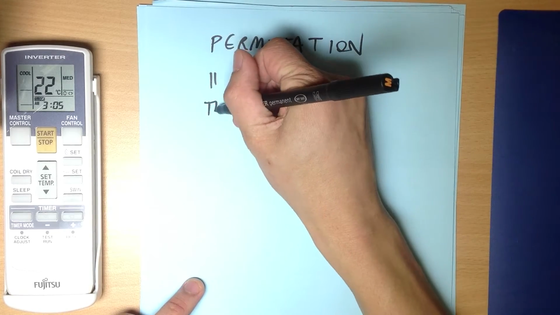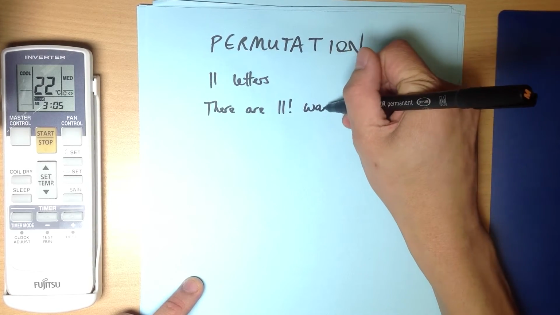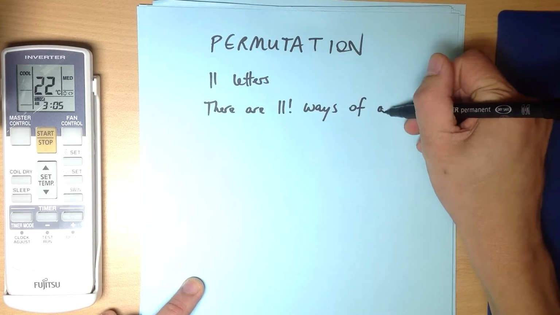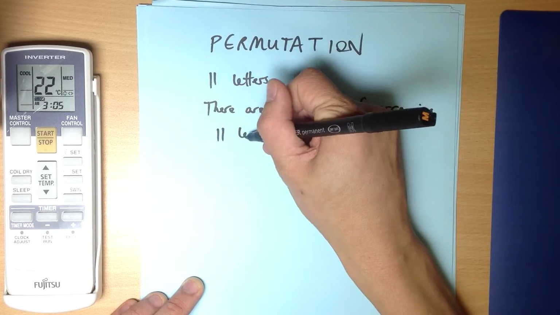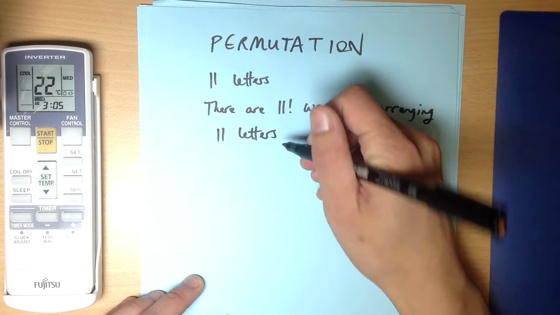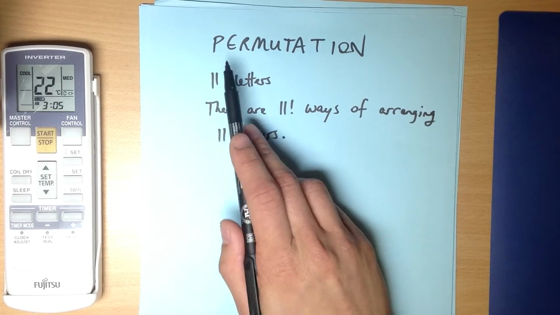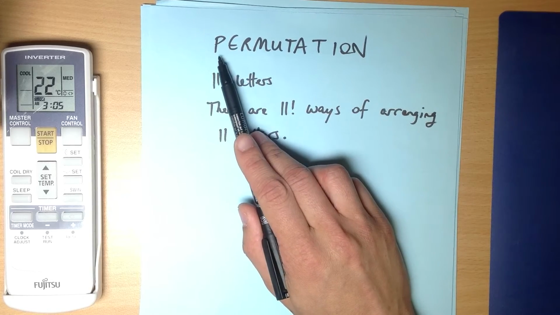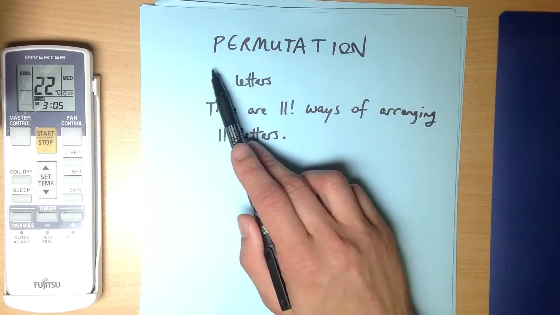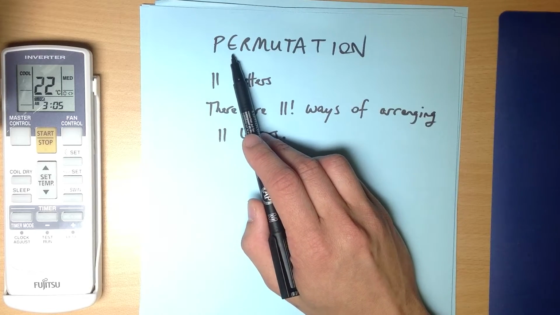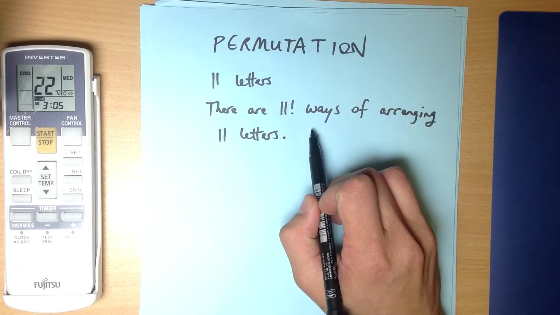There are 11 factorial ways of arranging 11 letters. Before you even get to permutations and combinations as a topic, you've got 11 slots, and how many choices do you have for the first slot? You've got 11 because none have been picked. Then the next one, you've got 10 left, and then 9, and so on. So when you multiply them all together, you get 11 factorial.